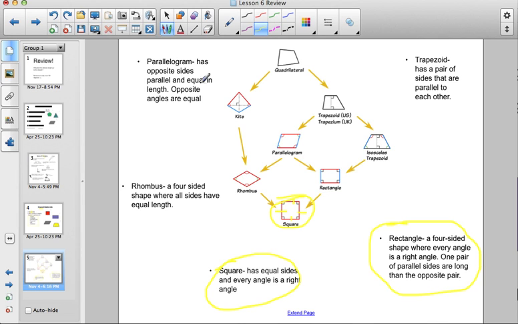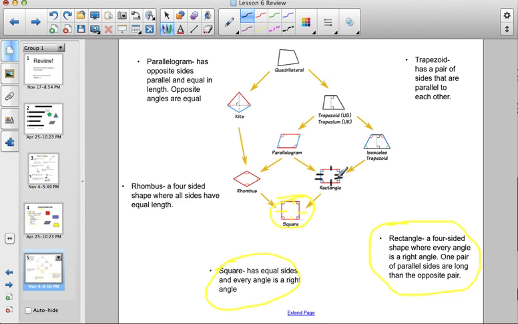So here is our rectangle, and as you can see, this length is the same as this length, because those are parallel sides, and then the other pair of parallel sides are also the same length as each other, but they are not the same length as the first pair. These two are the same, and these two are the same, but these are not the same.